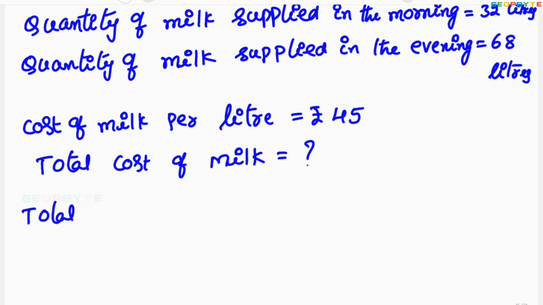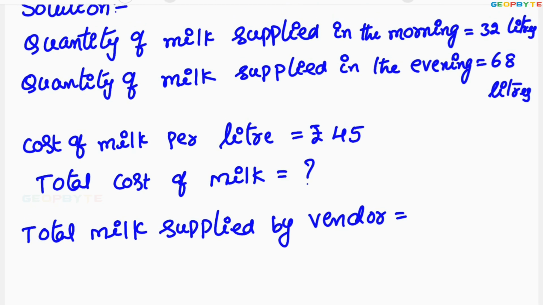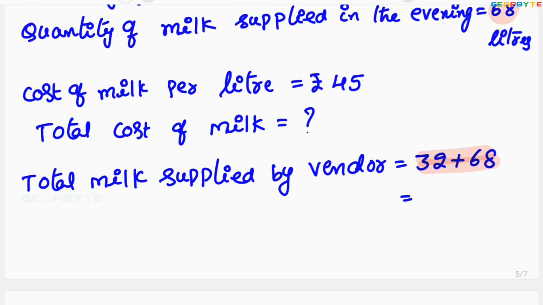Total milk supplied by vendor is equal to milk supplied in the morning 32 liters plus milk supplied in the evening 68 liters. 32 plus 68 is equal to 100.